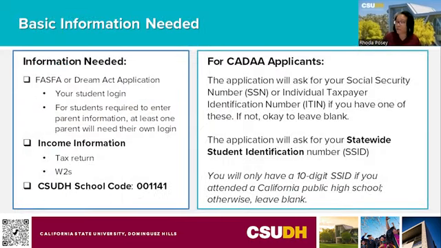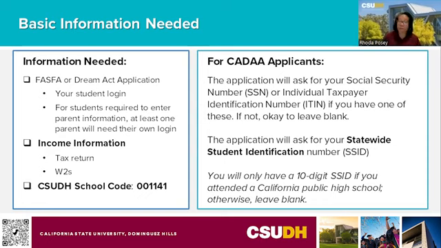What is the basic information that's needed? All students have to have their own login. If someone is a dependent student, at least one parent will need to sign the application and have their own login. For the income information, you'll want to have your tax documents or your W-2s in front of you. Give your school code, 001141.